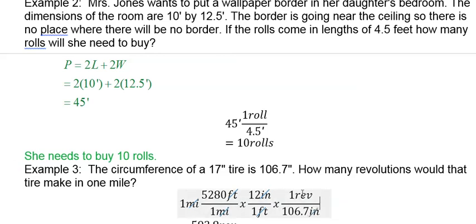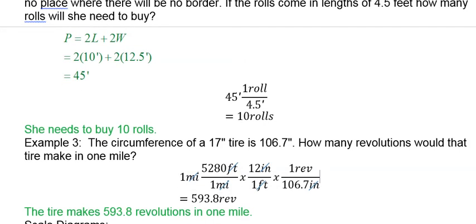So we're left with our answer in revolutions. So this is a bit of a longer calculation. You've got to multiply by 5280, multiply by 12, and then divide by 106.7 to get an answer of 593.8 revolutions of this particular tire in 1 mile.